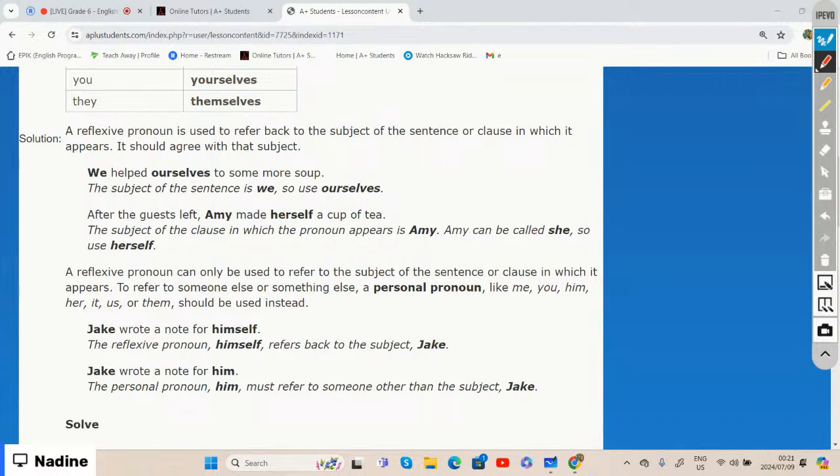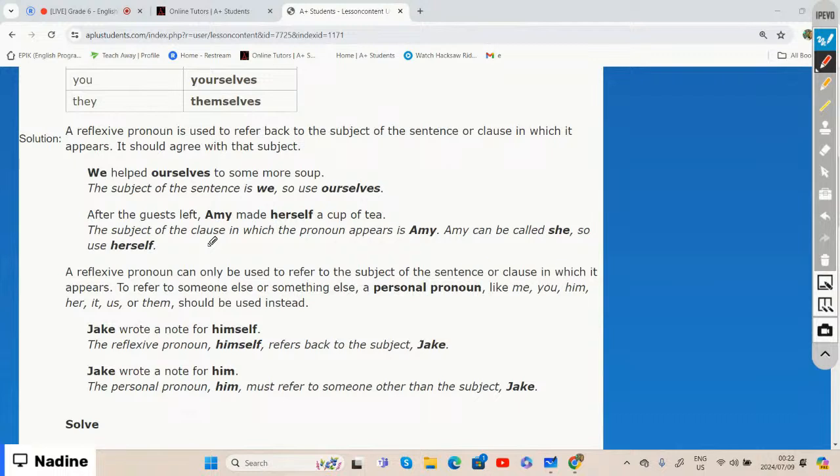Those are personal pronouns. It refers to someone else or something else, and it should be used instead, because we are referring to someone else.